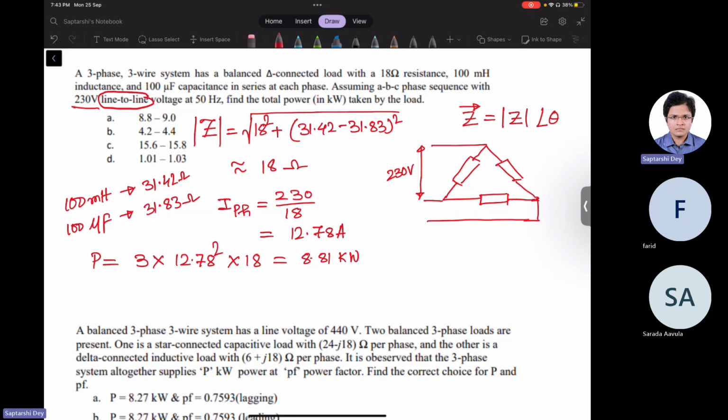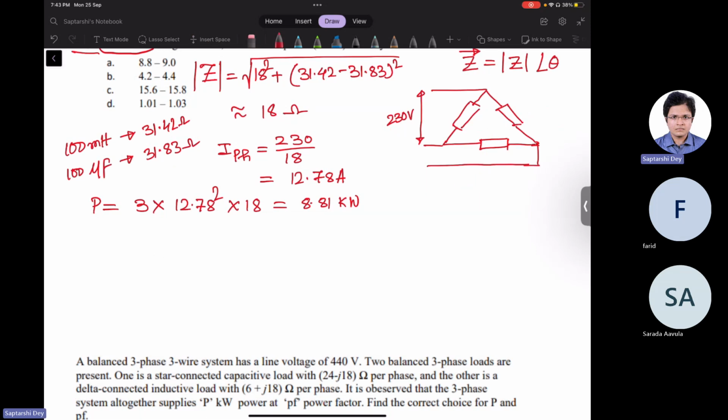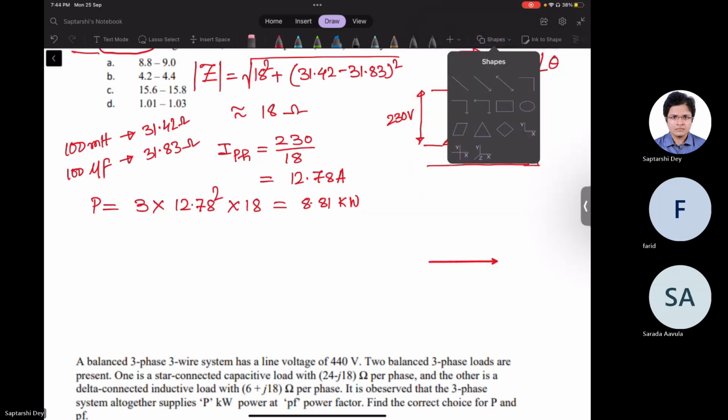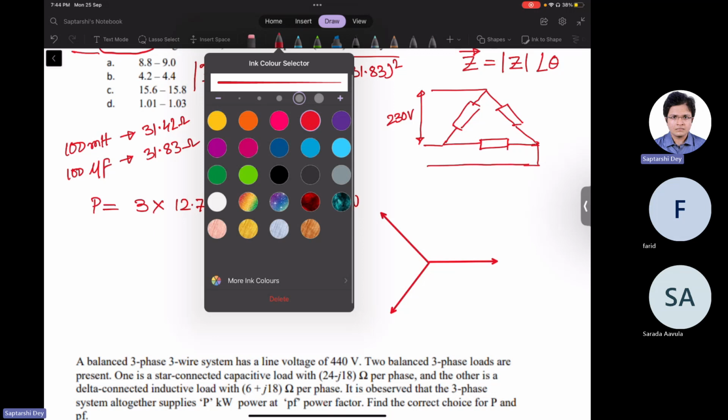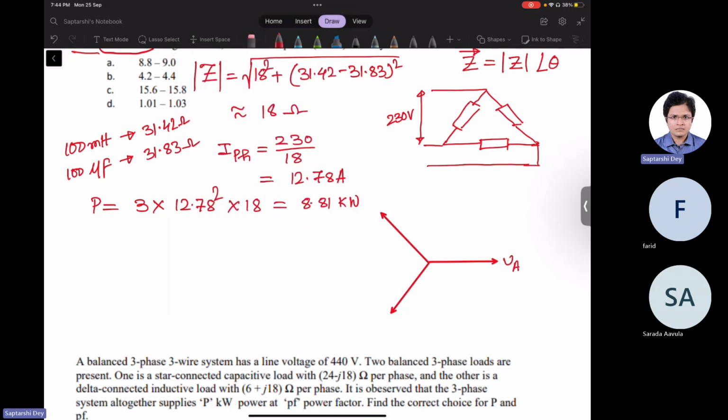We will quickly draw phasor diagrams, although it is not asked, because I said to make it a habit. I am drawing the phase voltages, which are also the line voltages. So VAN is also equal to VAB, VBN is VBC, and VCN is VCA.